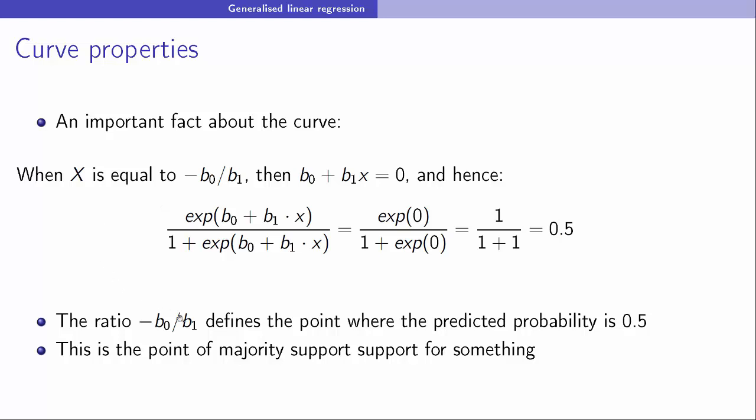So 0.5 is a key value. That's the switching value, or something in a policy setting where we might think that 0.5 plus 1 is the point of majority support. If we plug in those ratio values, we can see that it drops out at a half. So that's an important thing, this ratio here, the negative of the intercept divided by the slope.